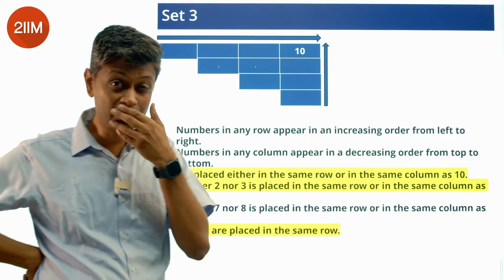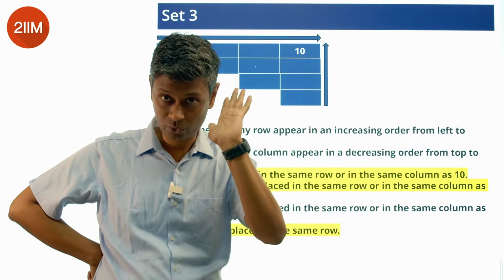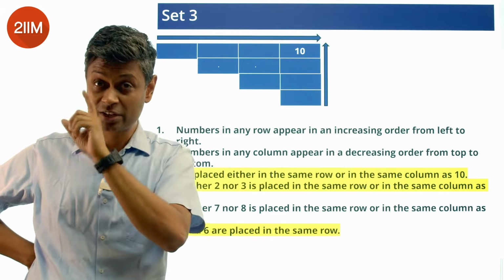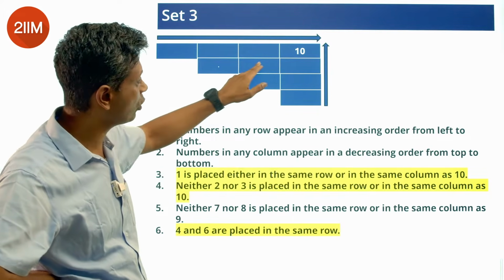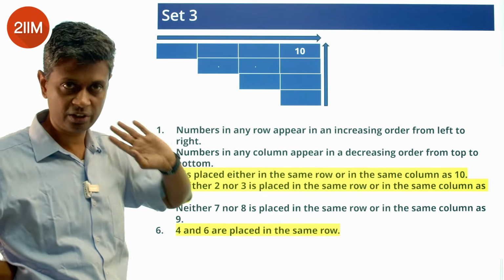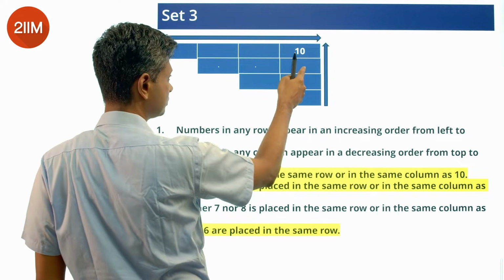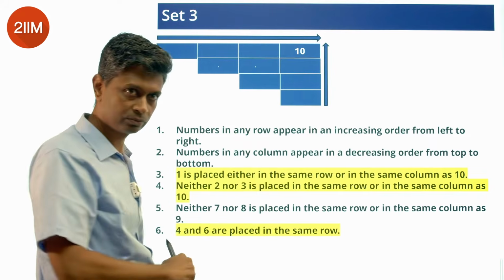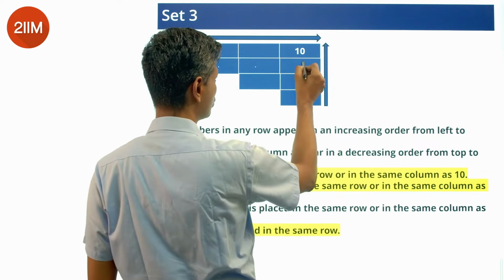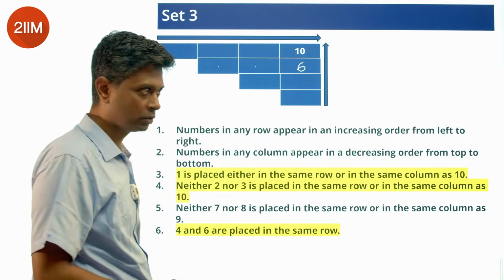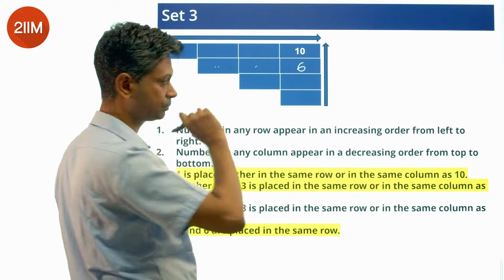My gut feel tells me that they should not be in the second row, they should be in the first row. So I'm looking to eliminate second row. Second row, this cannot be 4 and 6 because 2, 3 have to be accommodated in these 3 slots. So this can be 4, 6 like this or 4, 6 like this, or 6 comes here for sure. One of these two has to be 4.